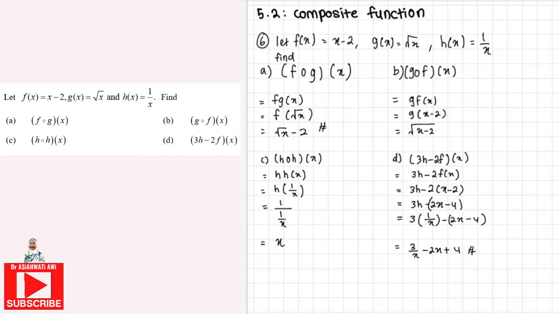Then we sub h, which is 1 over x here, and then we do the calculation. It will be 3 over x minus 2x plus 4. This is the final answer.